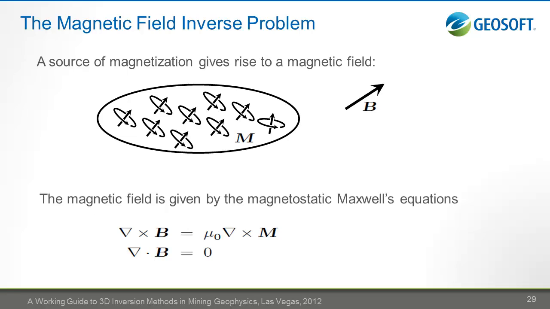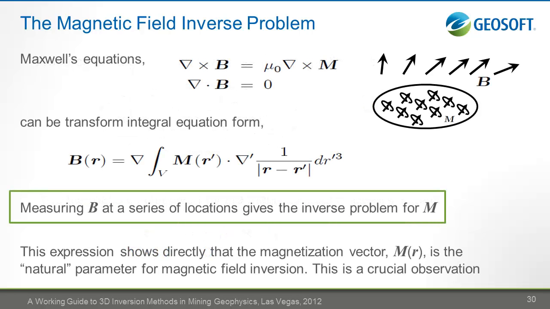The magnetic field is given by magnetostatic Maxwell's equations, and they are shown here on the bottom of this slide. It's two relatively simple equations. And what we normally do, or what we can do to solve these equations, if we wish, is to transform them into an integral equation which gives us the magnetic field B being equal to an integral of the magnetization vector integrated with this kernel function over our volume of magnetization.